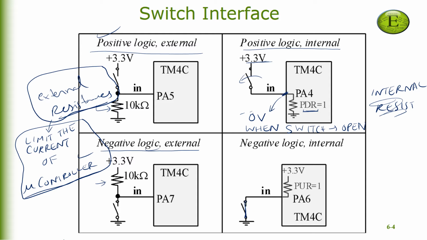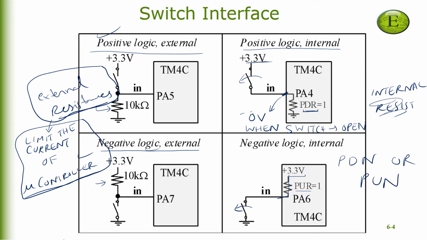In the other case, however, if the switch is open, then by means of this resistance, the pin PA6, pin number 6 of port A, will be pulled to the supply voltage because there is no current flowing through the pull up resistance. So we call this resistance the pull up resistance. One of the things to note is that you either activate PDN or PUN.